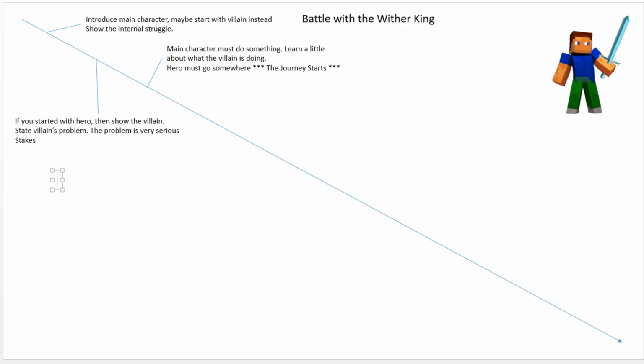Now on this journey, your main character is going to face some challenges. That's what's good about going on a journey: you're going to have unexpected challenges somewhere, and you're going to have to deal with them, and there's going to be some exciting things going on. Maybe some battles, maybe he's got to solve some puzzles.